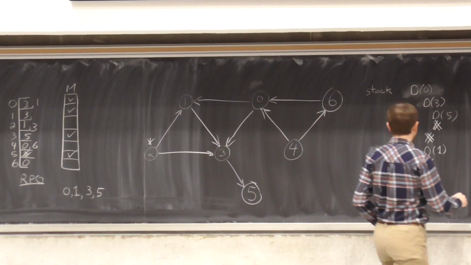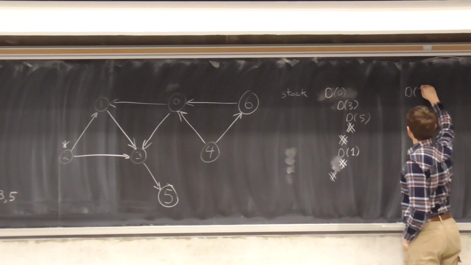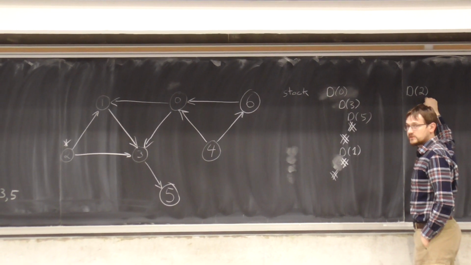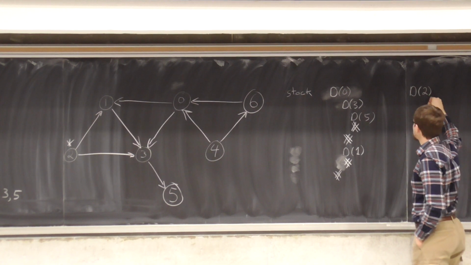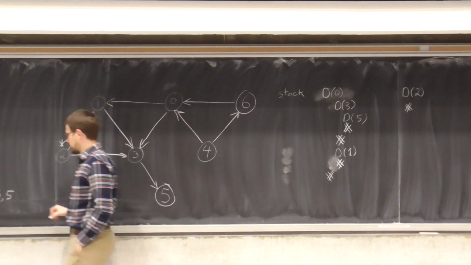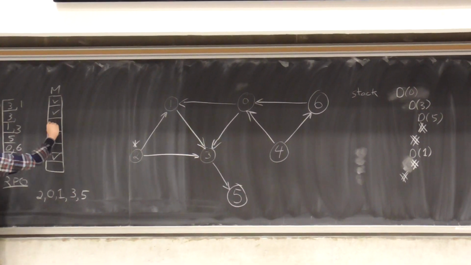Nevertheless, we follow the procedure. DFS 2, no unmarked nodes left to process, so we terminate 2. 2 gets added to the reverse post order list and checked off.